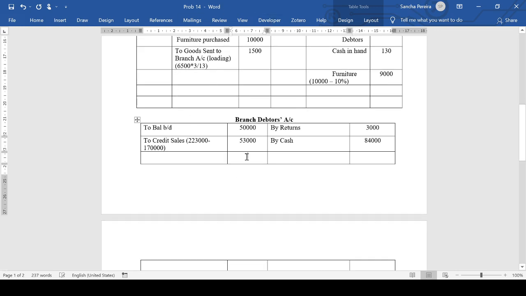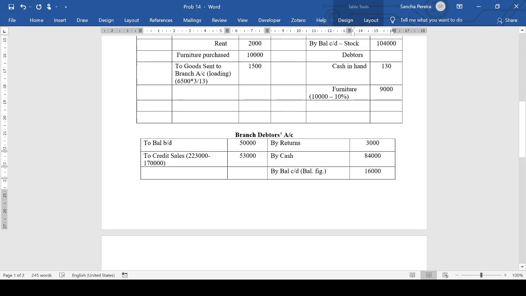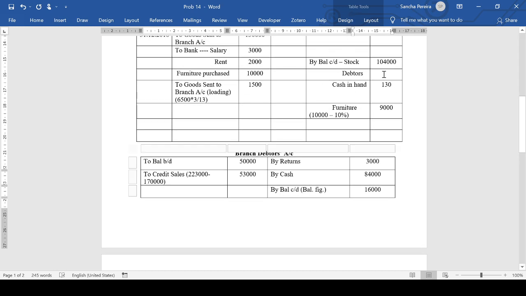This comes to 1,03,000. 1,03,000, and by balance carried down, balancing figure. This is the balancing figure, which is 16,000. So we'll write this as 16,000 here.